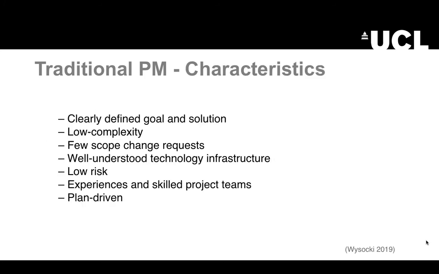Here you can see some key characteristics of projects that are usually managed by using traditional methodologies. This type of projects usually have a clear objective and a clear solution to achieve that objective. They usually have low complexity. We are not expecting many changes in terms of scope.